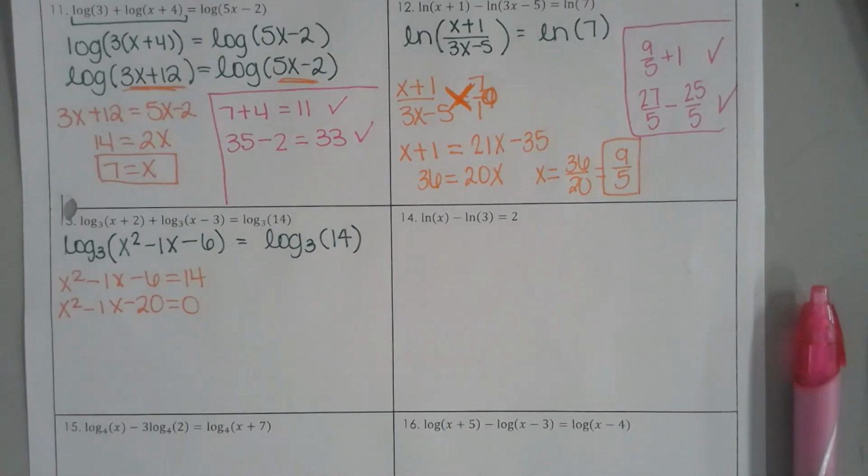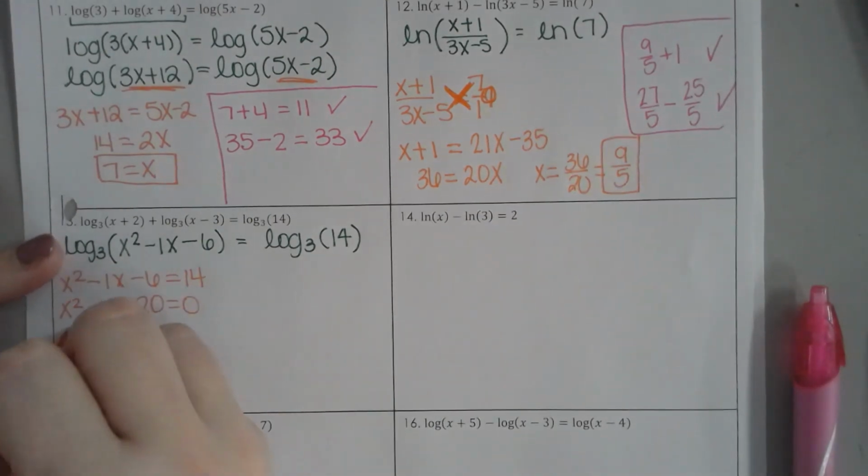We get x squared minus 1x minus 20 equals 0. And then I'm going to factor that. So I need two numbers that multiply to be negative 20 and add to be negative 1. Negative 5 and 4.